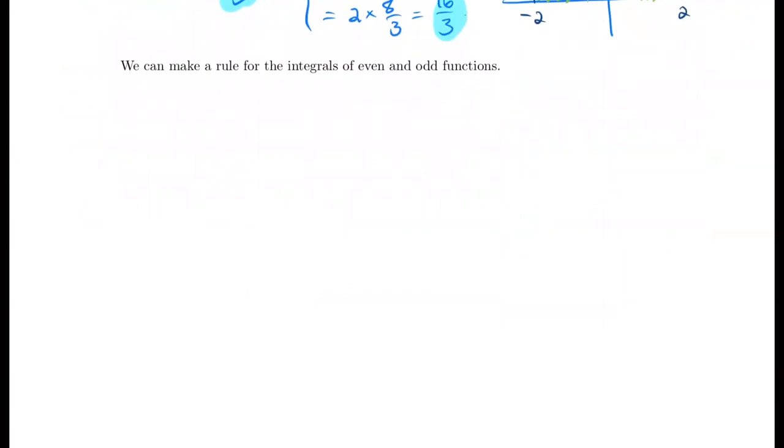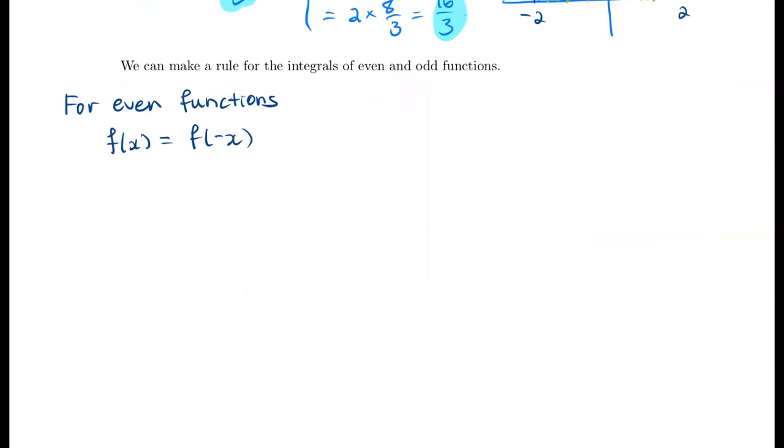So let's say for even functions, well, that means f of x is the same as f of negative x. Examples are the parabola and the cosine function, which is also an even function.